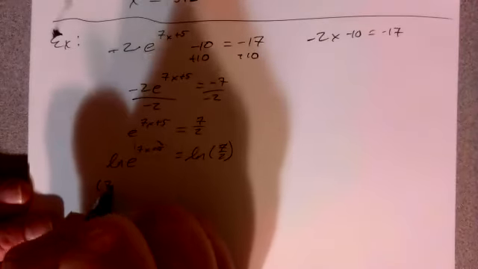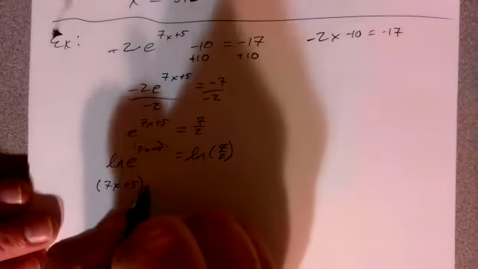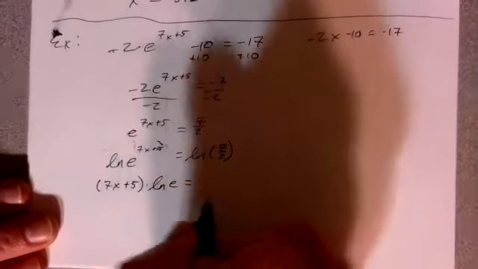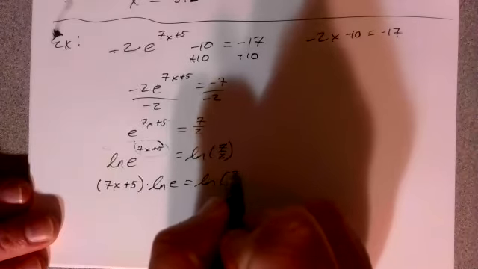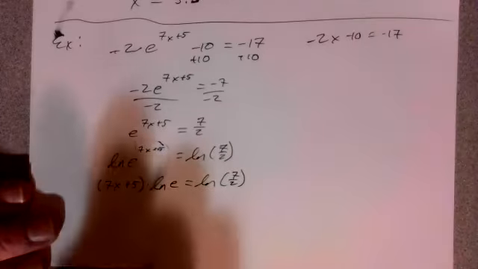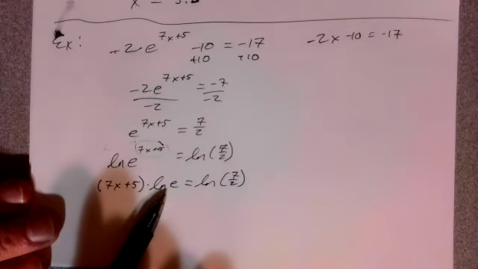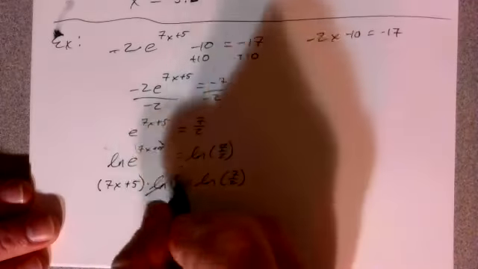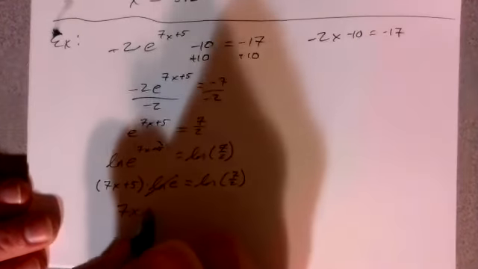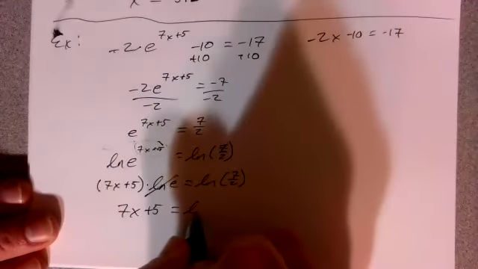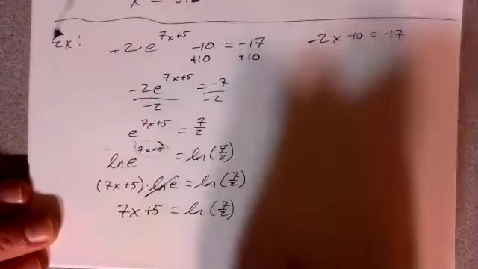So 7x plus 5 times the natural log of e equals the natural log of 7/2. As we've discussed before, the natural log of e is just 1. So e is gone, and I'm now left with 7x plus 5 equals the natural log of 7/2.